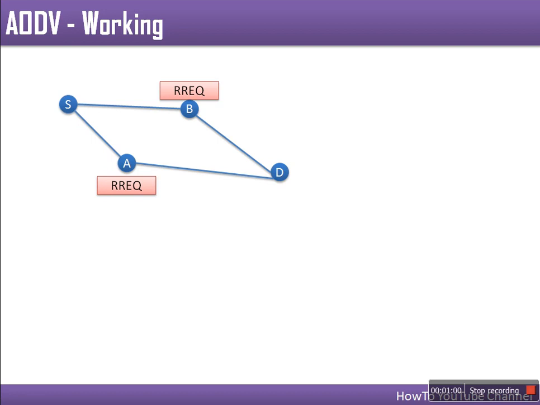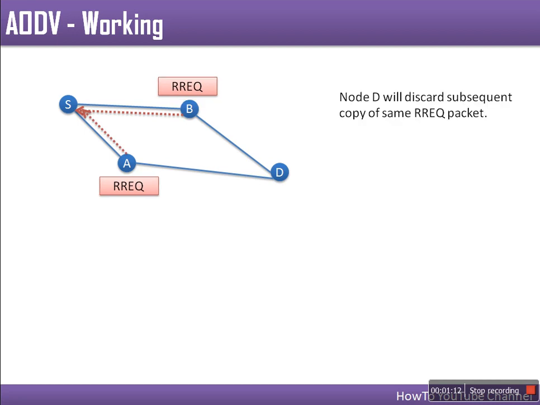Whenever a node receives a route request packet, it sets a reverse path to the node from which it received the packet. So B will set a reverse path, and A will do the same. These nodes will also broadcast it again if they do not have a route to the destination.